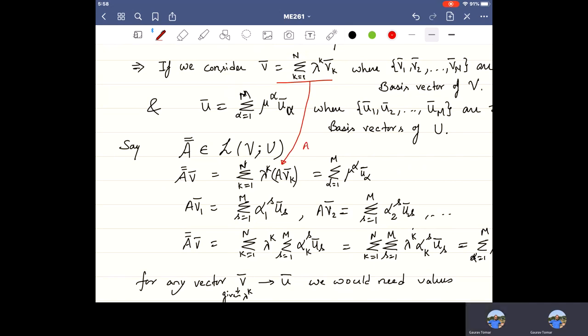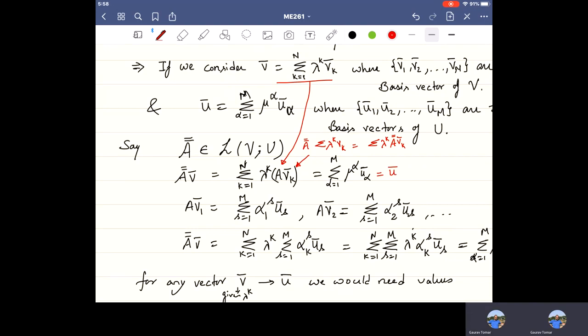So A operating on summation lambda k Vk would be, taking it inside, summation lambda k A operating on Vk. That's what is written here, and that's going to be equal to our U vector.